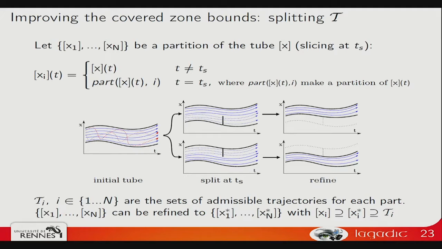Then we can do constraint propagation with the evolution equation to refine the tubes, and it will eliminate some of the infeasible trajectories that were present. So it will reduce the pessimism that we have. And indeed, we have several tubes instead of one to represent our trajectories.